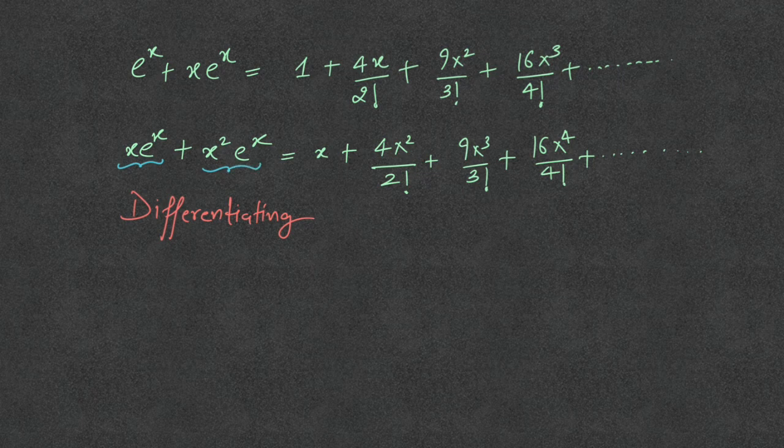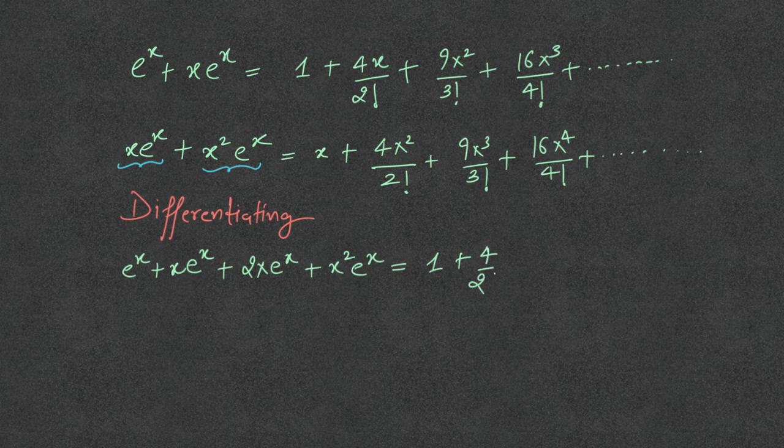So we get e to the power x plus x into e to the power x plus 2x e to the power x plus x square e to the power x, using the product rule, equal to differentiation of x is 1, 4 upon 2 factorial as it is.